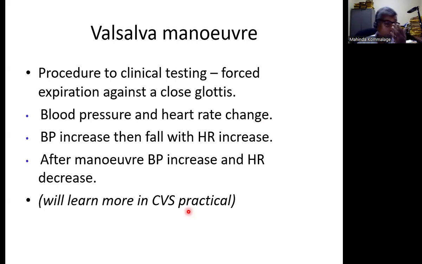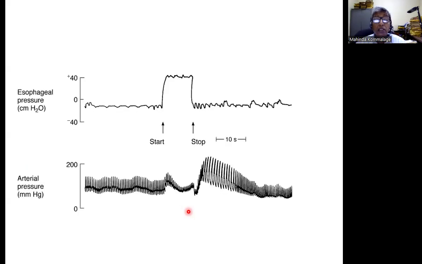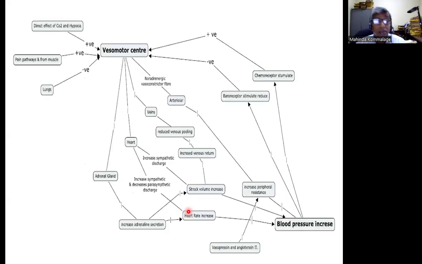It's a very important test to detect cardiovascular regulation and autonomic function, because cardiovascular regulation works through the sympathetic and parasympathetic autonomic system, right? So this diagram summarizes the cardiovascular regulation described so far, including baroreceptor action. Try to understand all this: blood pressure increase, what happens through the vasomotor center, and so on.